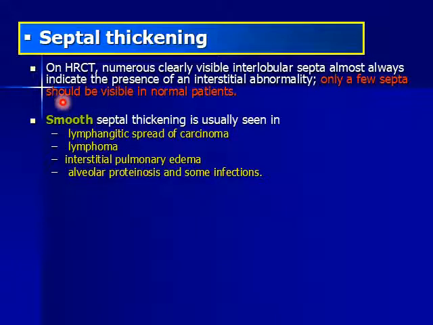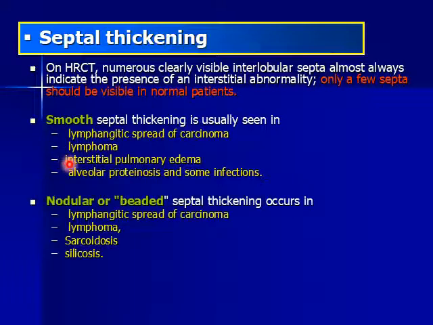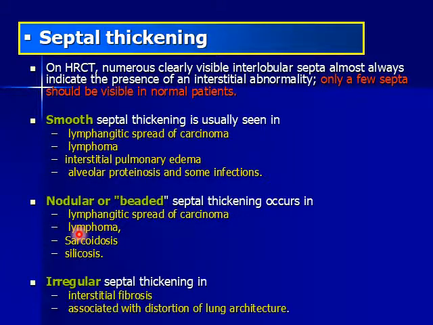When we see septal thickening, we should subclassify it into smooth, nodular or beaded, and irregular. And as you see, the differential diagnosis of each subtype is a list like this.